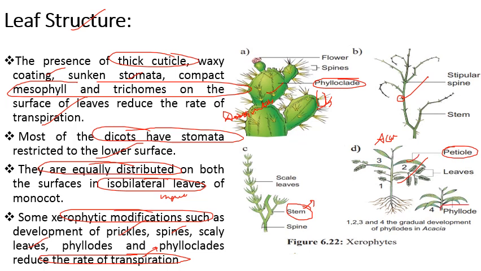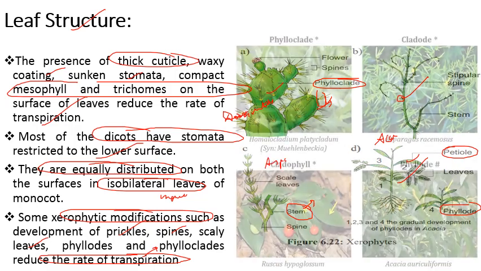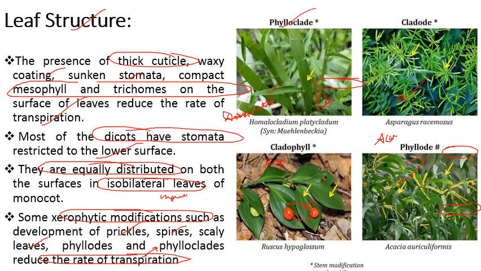This is known as phyllode. While we have cladode, this is Asparagus. So phylloclade, as in case of Opuntia, then we have Asparagus racemosus, this is cladode, then cladode in case of Ruscus, and phyllode in case of Acacia auriculaformis, commonly known as Australian acacia.